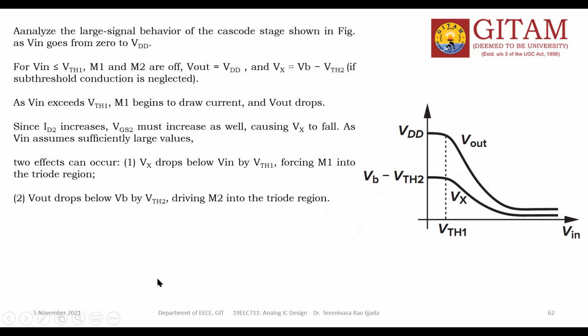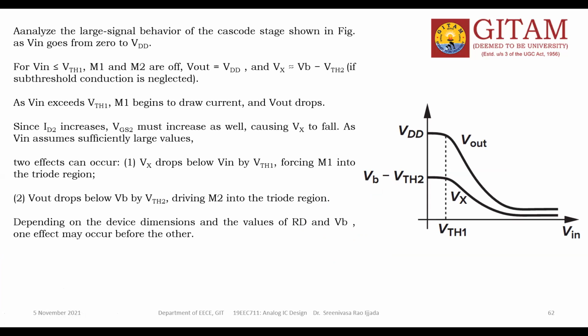What is the case? Suppose your input voltage is increased to a large extent. Then we can find the two observations. By that, you can conclude that the two devices will go into the triode region instead of the saturation region.